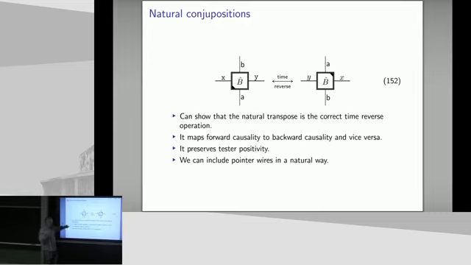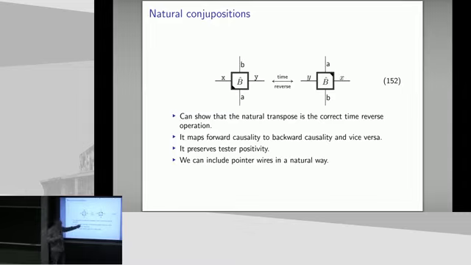So the main thing is it's got to map between allowed operators, and the allowed operators are the physical operators. And so it's got to preserve positivity, which it does, obviously. And it's also got to preserve double causality.